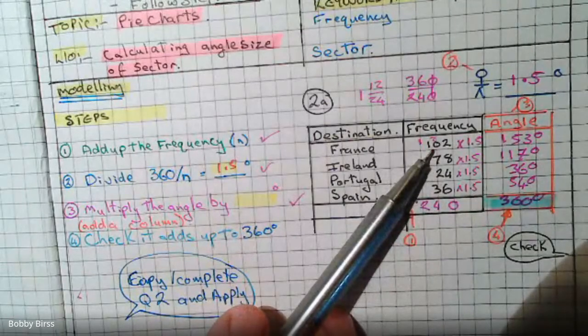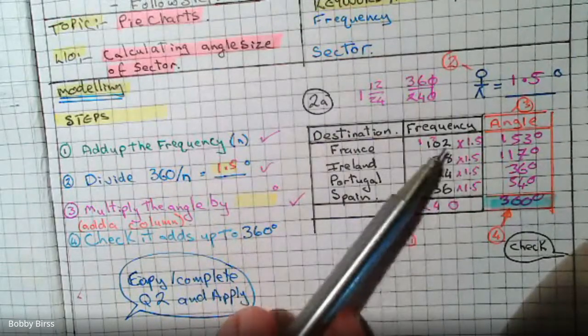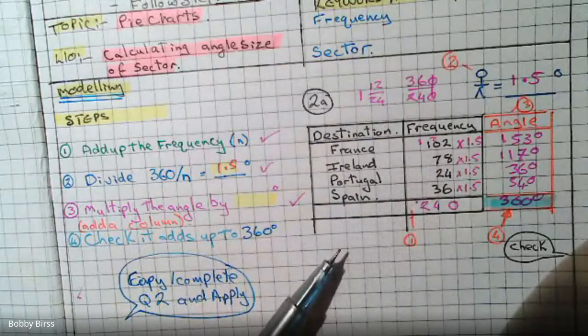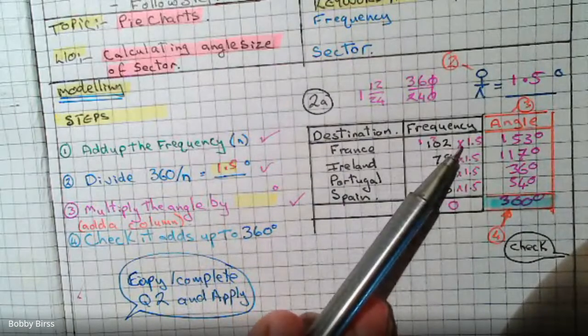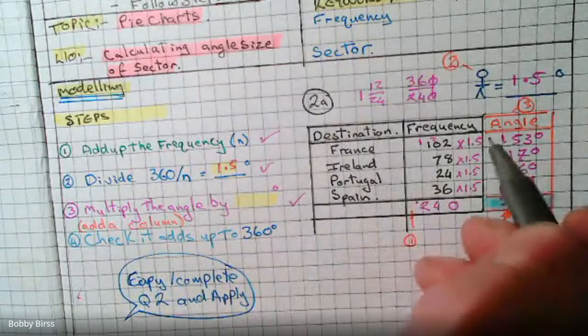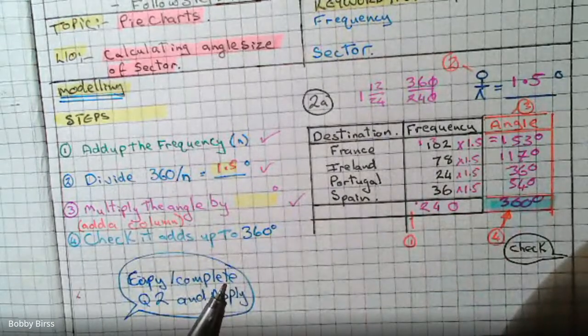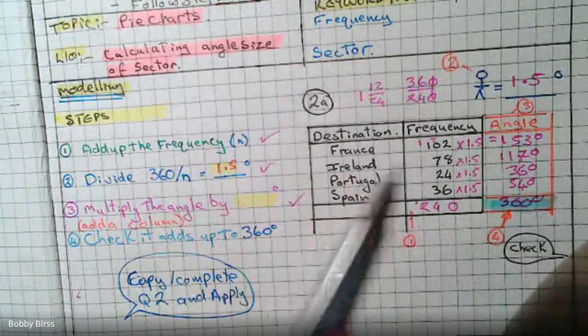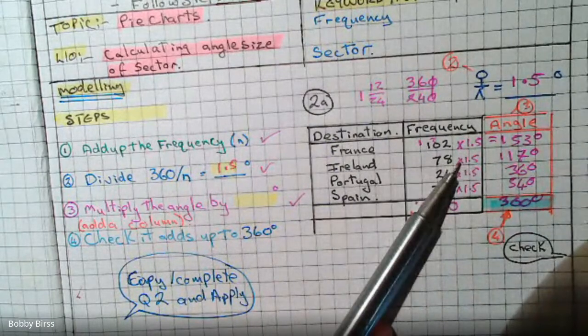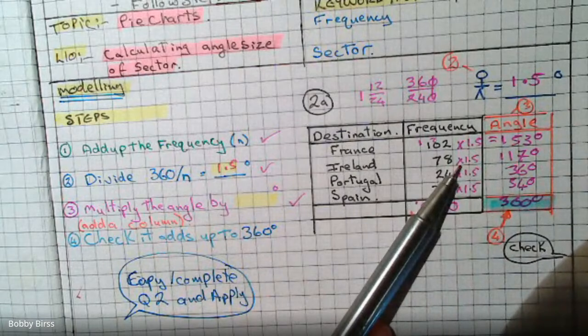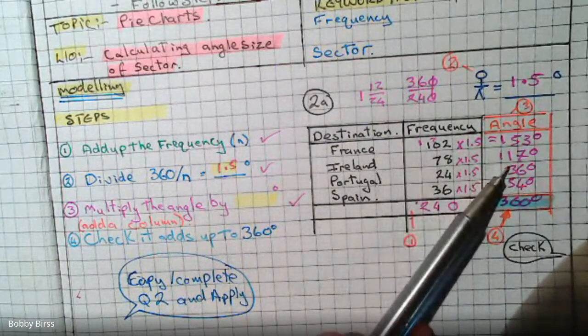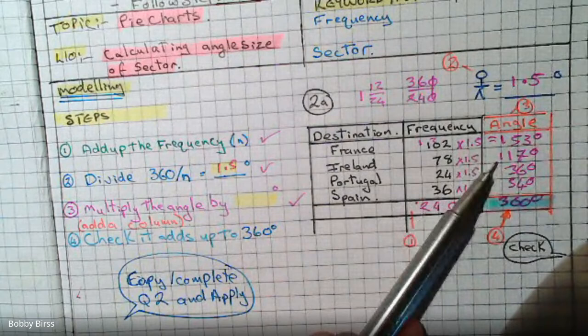France is the largest section, so there's 102 people there. If each one of those is worth 1.5 degrees, 102 times 1.5 means there's 153. They take up a 153 degree slice inside my circle. Ireland, there are 78 people. Each person is 1.5 degrees, so 78 times 1.5 gives me 117.